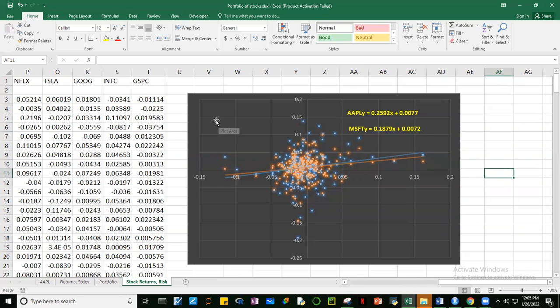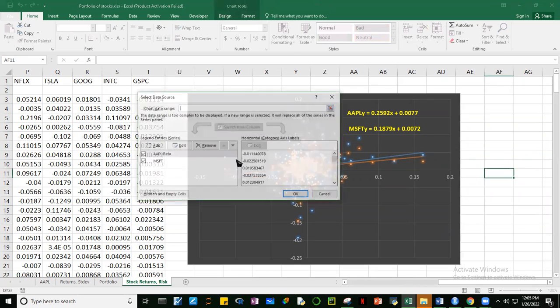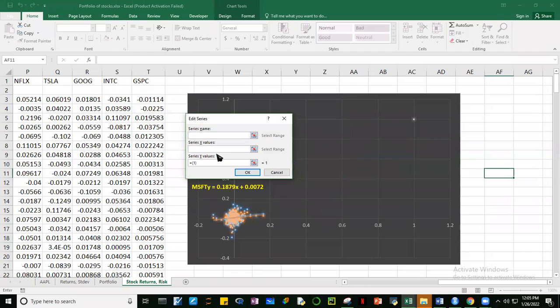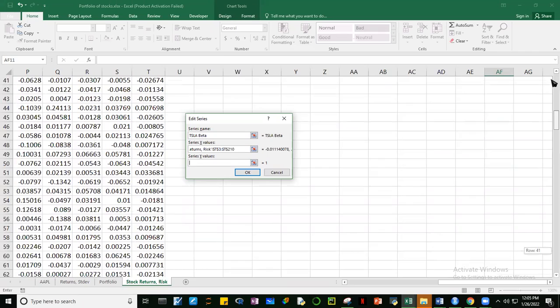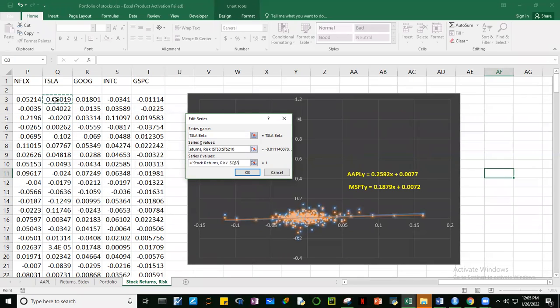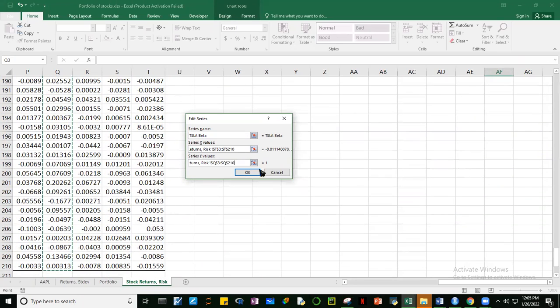Okay, again, right-click, select data, add. Lagyan natin Tesla and beta. Again, our X values are your GSPC, Control-Shift down arrow. Our Y values will be Tesla. Okay?